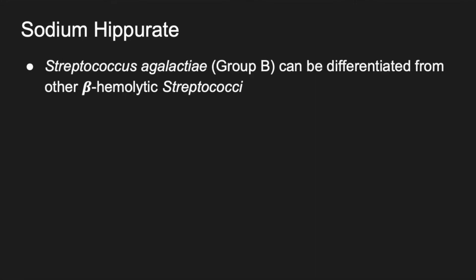Now let's talk about sodium hippurate. The sodium hippurate test helps us to differentiate Streptococcus agalactiae, or group B Streptococcus, from other beta hemolytic streptococci.